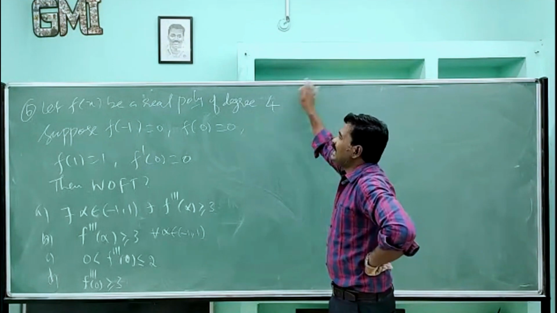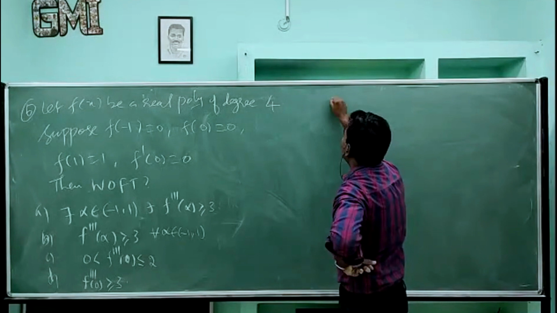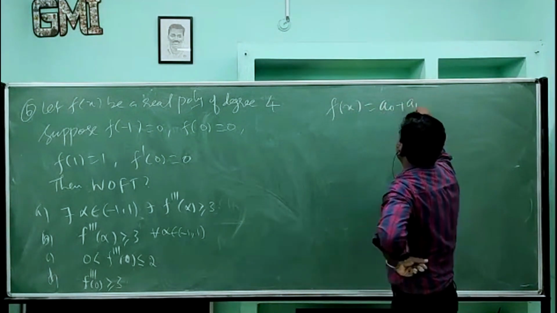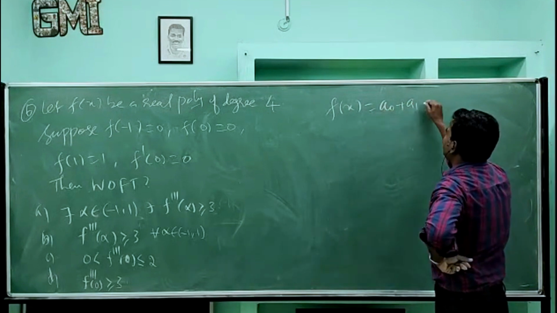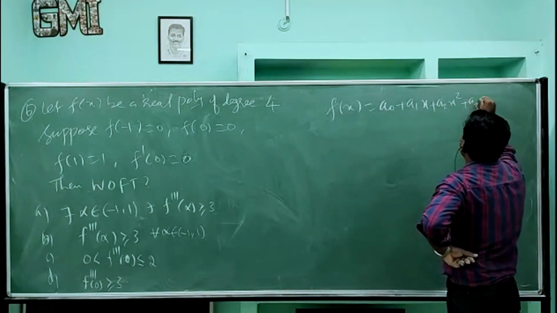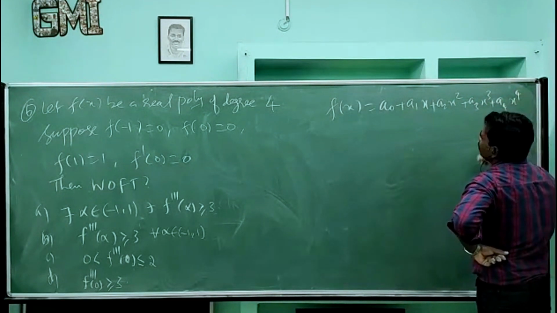F of x is a real polynomial of degree 4, of this form: a naught plus a1 x plus a2 x square, a3 x cube, a4 x power 4, a fourth degree polynomial. Whatever is given, just write it, then you get some idea.